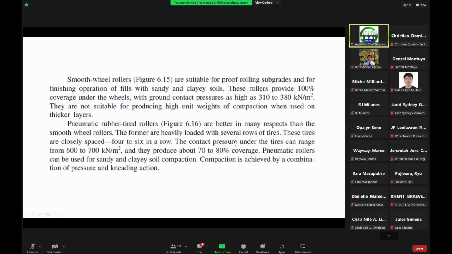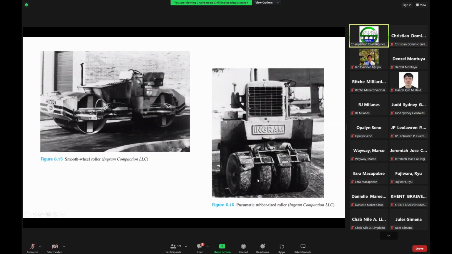Now for this one, the contact pressure under the tires can range from 600 to 700 kilonewtons per square meter, and they produce about 70 to 80% coverage, because you notice there are some spaces here in between, unlike this smooth wheel roller, where there is no space, so that's 100% coverage.